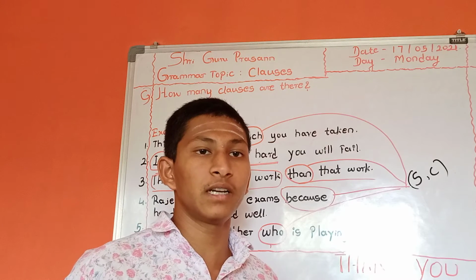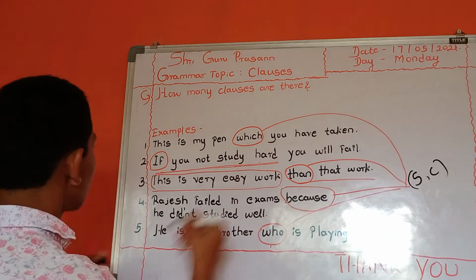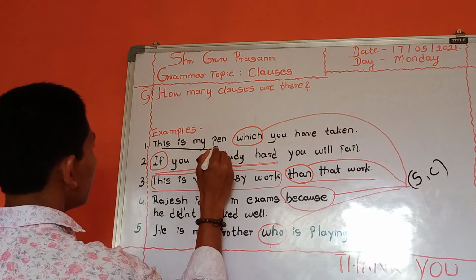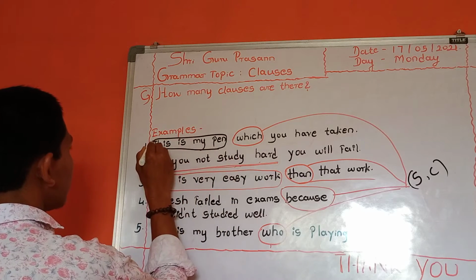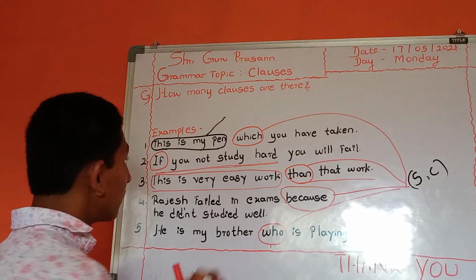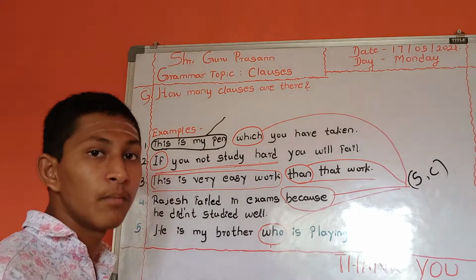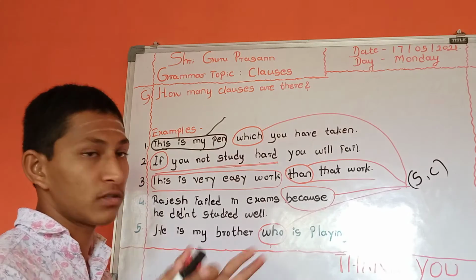That is why it is called an independent clause. In the first example, this is my pen is the independent clause. An independent clause is also called the main clause or principal clause.